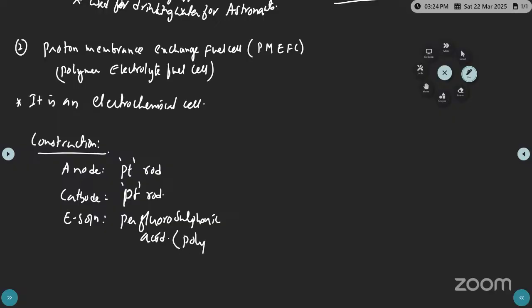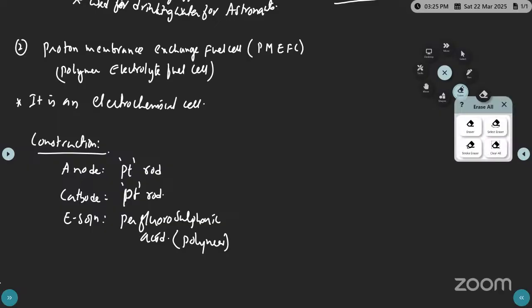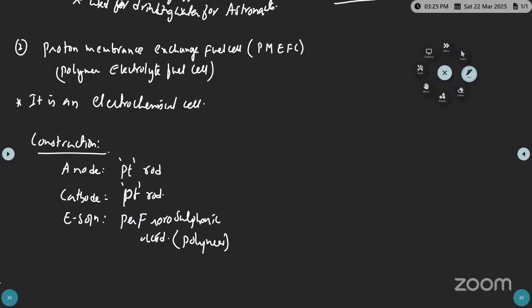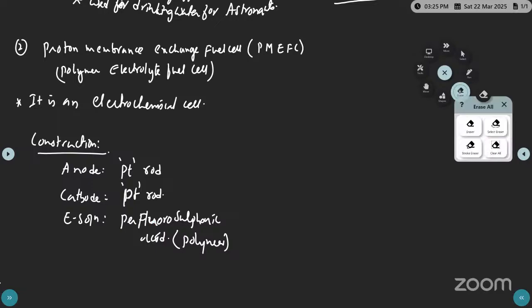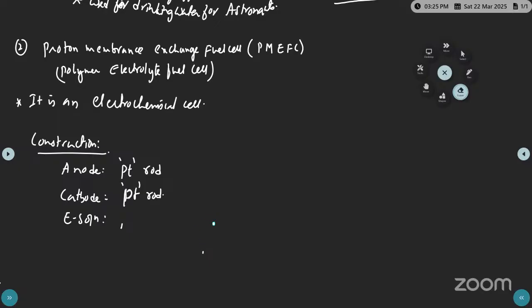It is one of the polymers, in the form of a membrane. Perfluorosulfonic acid.